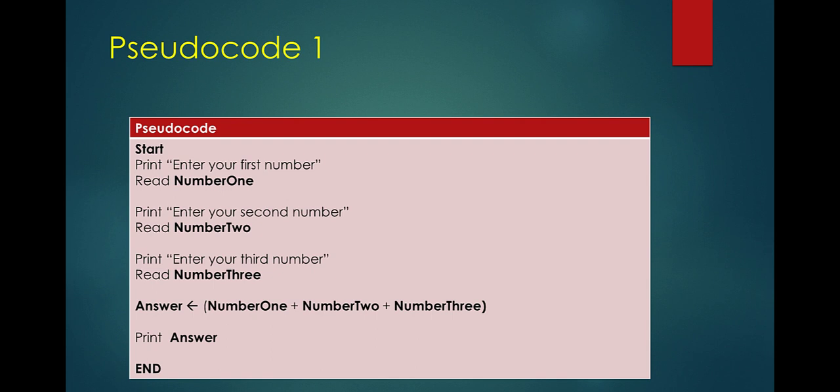In that sense, we're asking the user to enter the first number, so we use the print command. Remember, again, pseudocode is not actual code, so it cannot be run on a computer. It is for humans to be able to see and appreciate the flow of the program. So print says that we're printing something to the screen for our user.